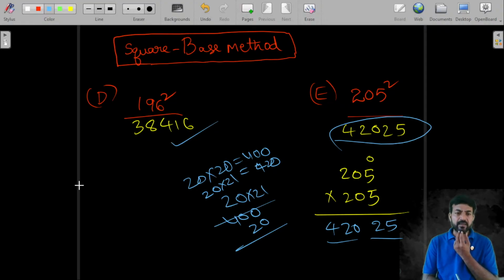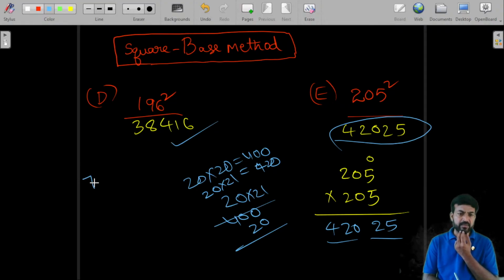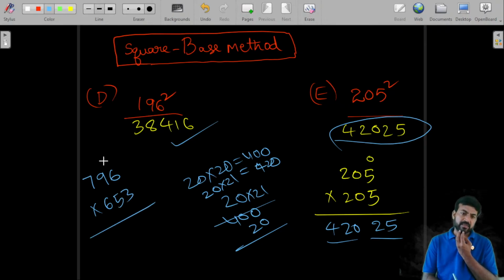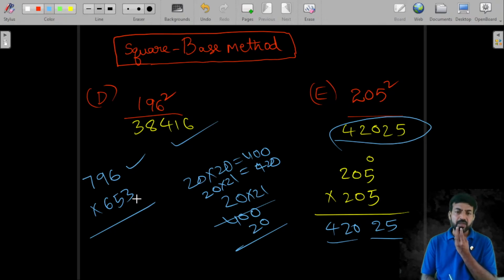If you find, for example, 796 into 653, we don't have another option. This is nearest to one base, that is 800, but it is not nearest to any base. So in these cases you have to do the general method only.